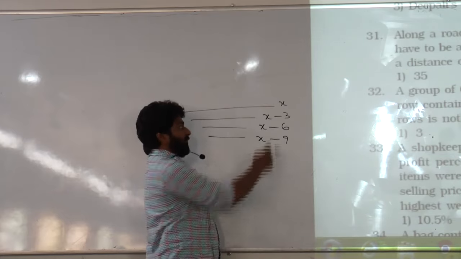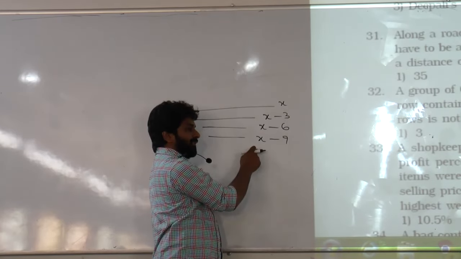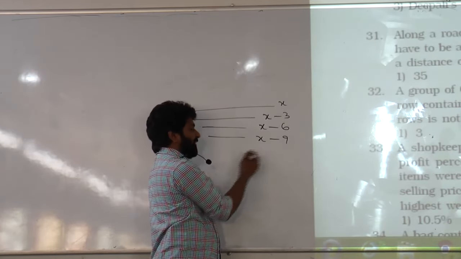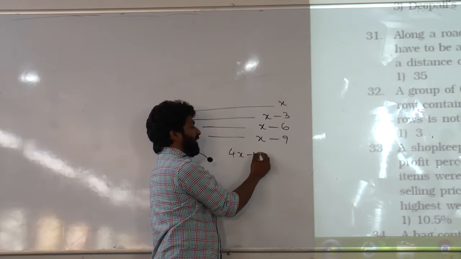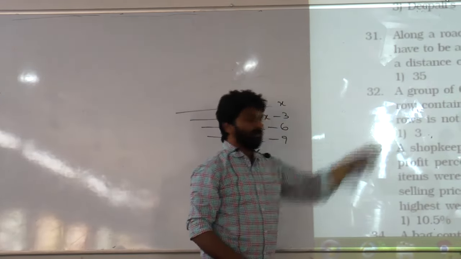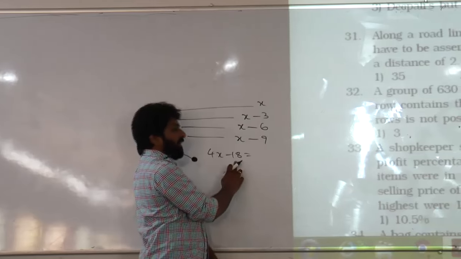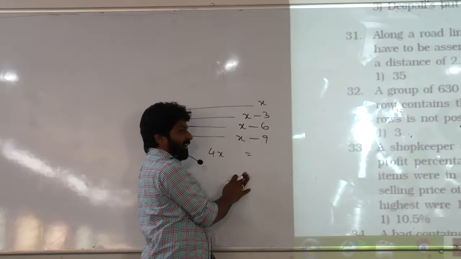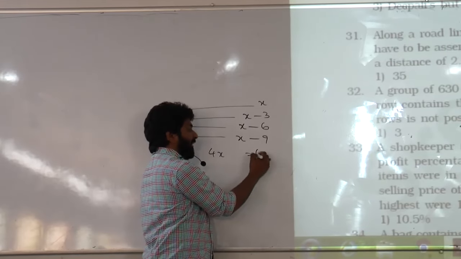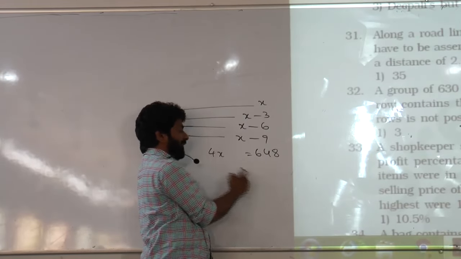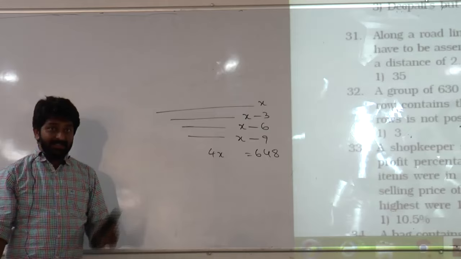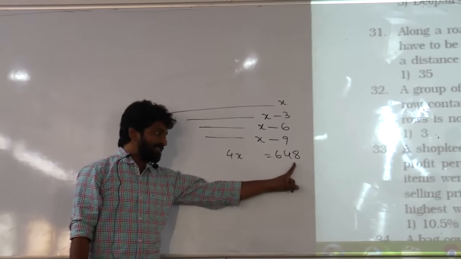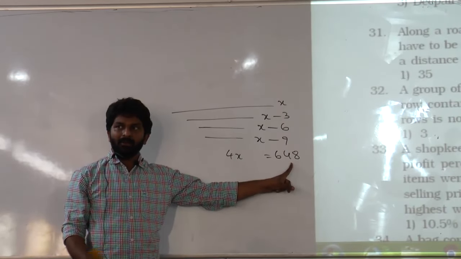Sum is 4x minus 18. How many total persons do we have? 630. 4x minus 18 is equal to 630. 4x will be 630 plus 18, that will be 648. Can you get the x value as an integer? Is this number a multiple of 4 or not?